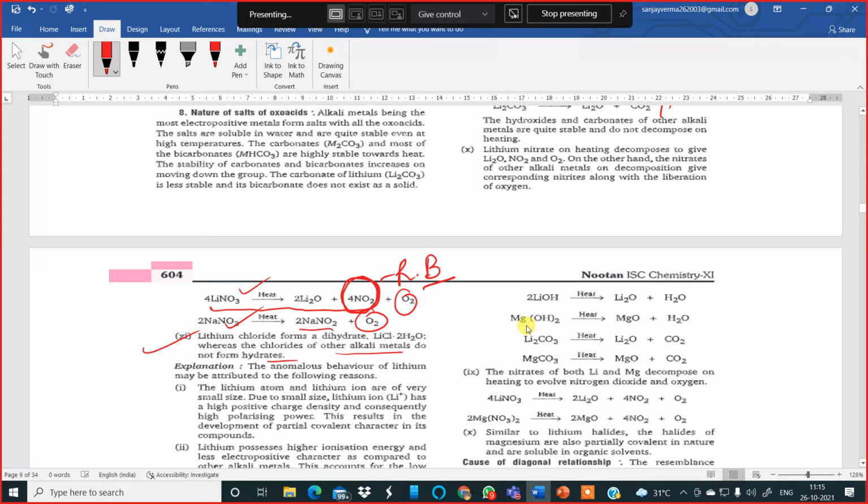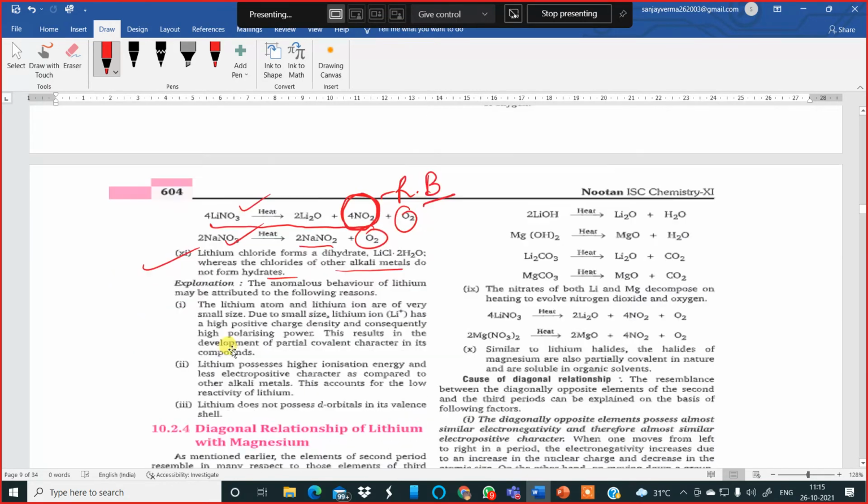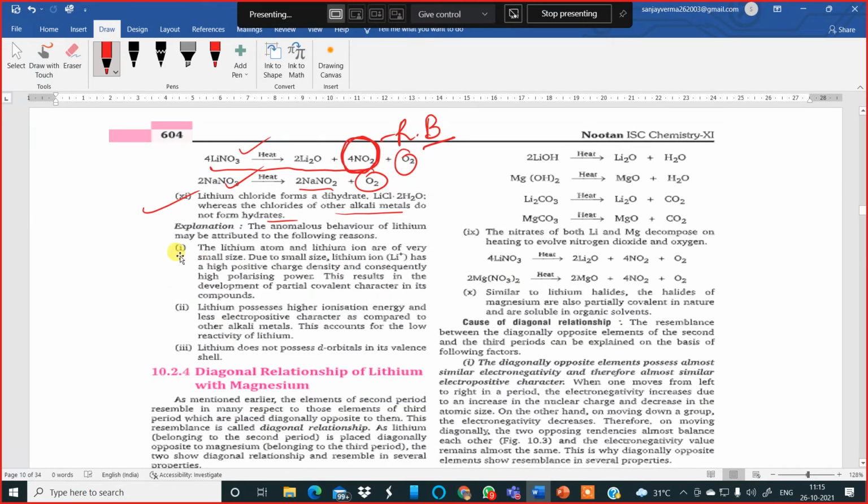The reason why lithium shows anomalous behavior, the explanation, is given over here in 3 points. The size of the lithium atom and ion is small. Because of this small size, it has a high positive charge density and consequently high polarizing power. So polarizing power becomes bigger, and because of this, it develops a partial covalent character in its compounds.